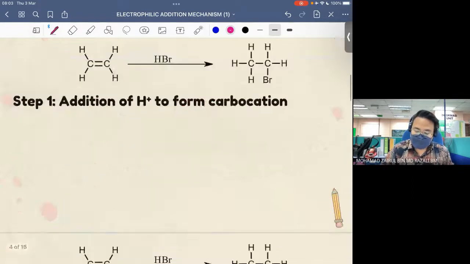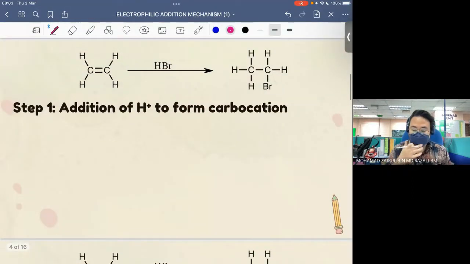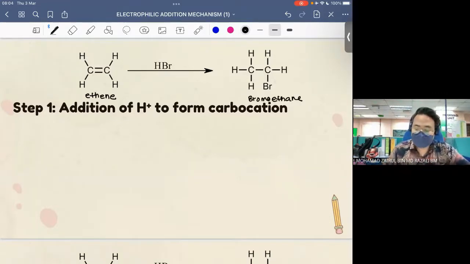So let's take a look at this example. Let's say kalau saya ada ethene, react with hydrogen bromide to produce bromoethane. So hopefully naming ni awak okay. So macam saya kata tadi, the first step itu is the addition of H plus to form carbocation.